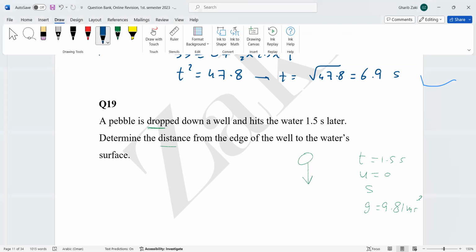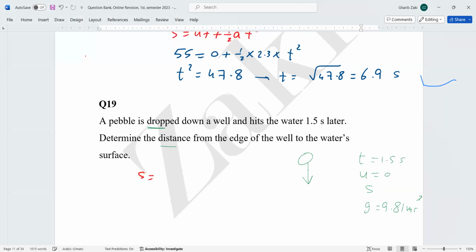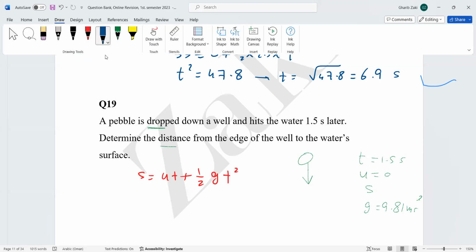Now, for this part here, we calculate from the formula. This is the formula. S equals ut plus half gt squared. Substitute.